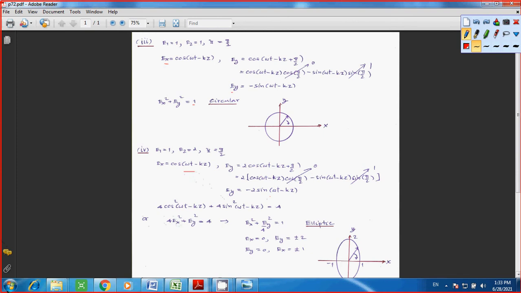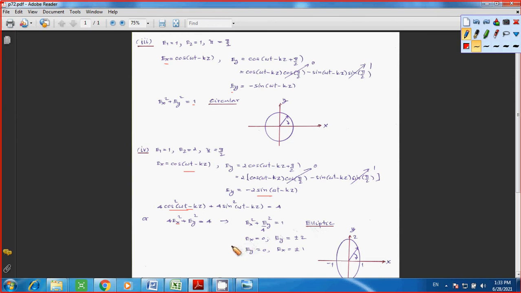And you can see that cosine squared(omega t minus kz) plus 4 sine squared(omega t minus kz) is going to equal 4, because cosine squared plus sine squared equal to 1, right? And cosine squared actually is EX squared, and sine squared actually EY squared. So this gives you an ellipse.